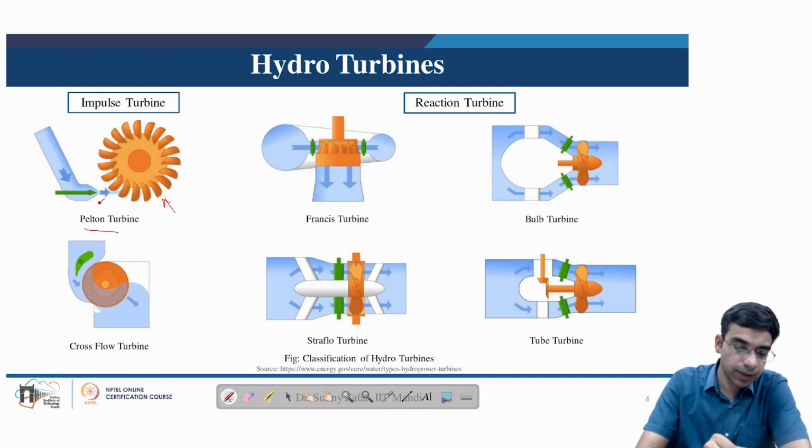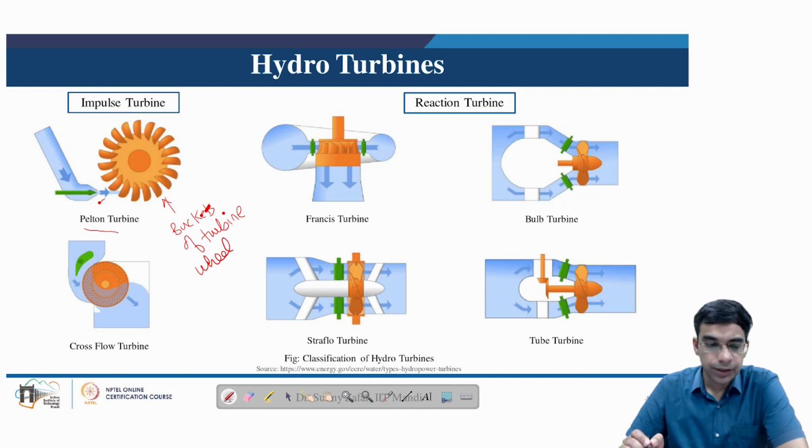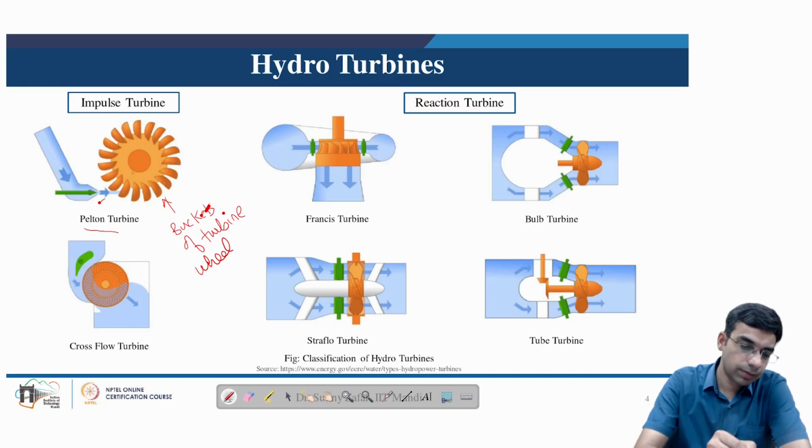So these are basically the buckets of the turbine wheel. And the kinetic energy of this incoming water jet basically allows the conversion of energy once the impact takes place with the bucket, and rotation of this turbine is then observed.